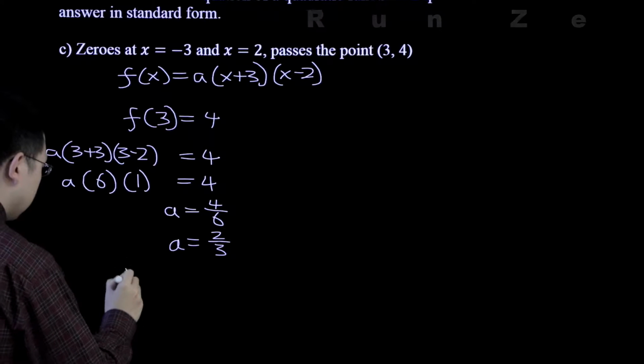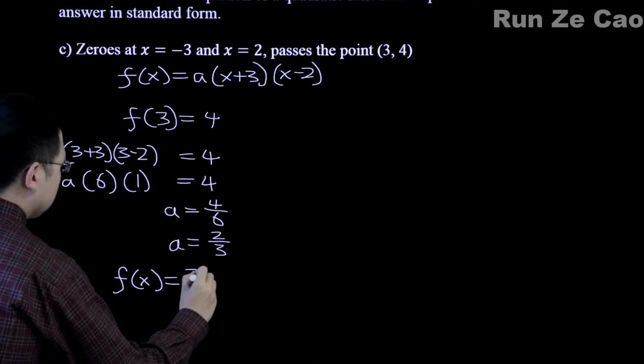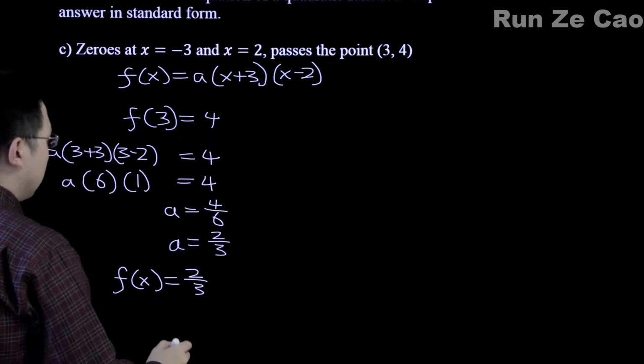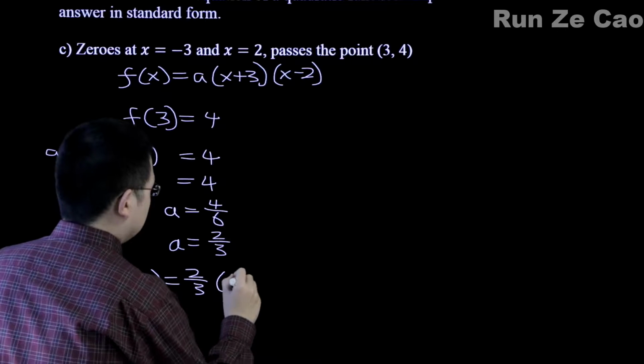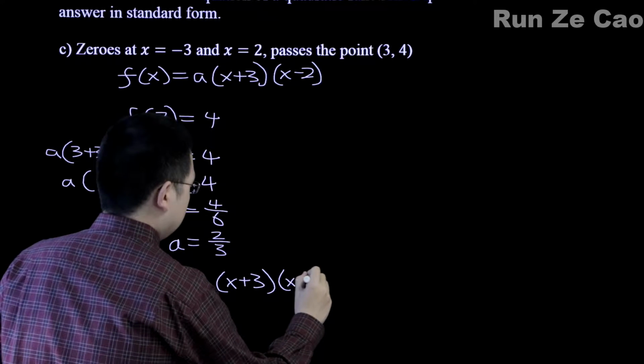Thus, f of x is equal to 2/3 (x + 3)(x - 2).